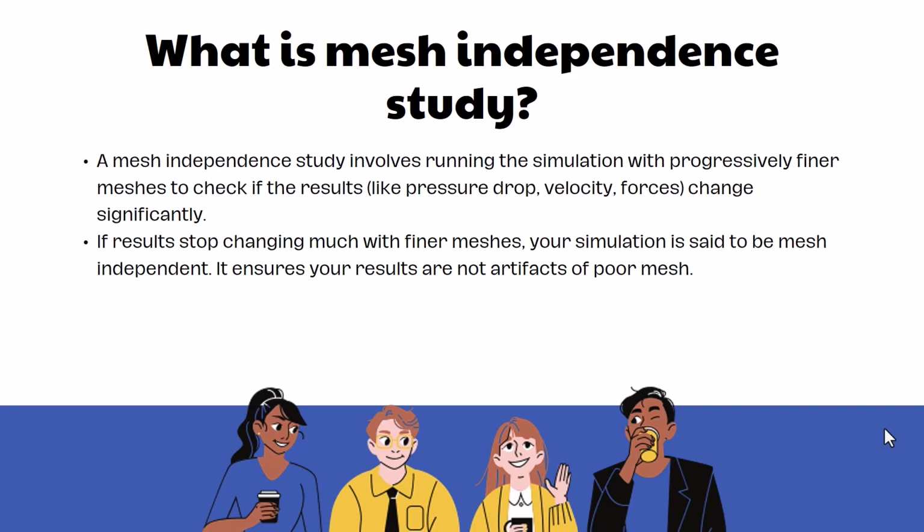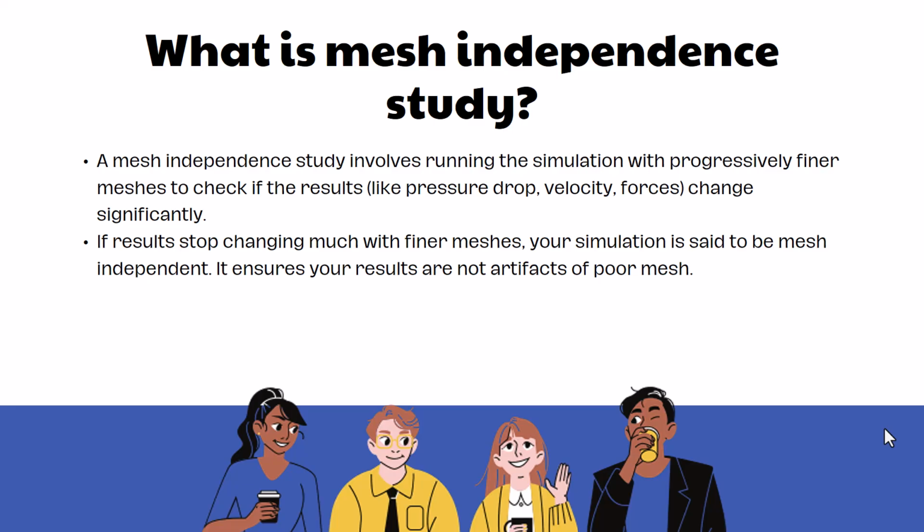The next question is: what is a mesh independence study? Whenever you are running a CFD simulation, how can you be sure that your solution is converged or perfect? If you have taken a minimum mesh size of 10 mm, then for the next iteration you will take a mesh size of 8 mm, then 6 mm.